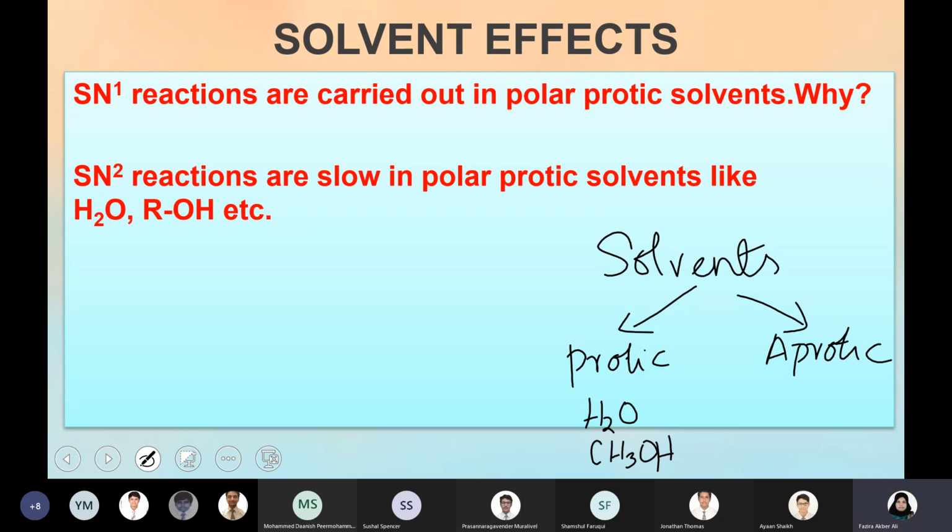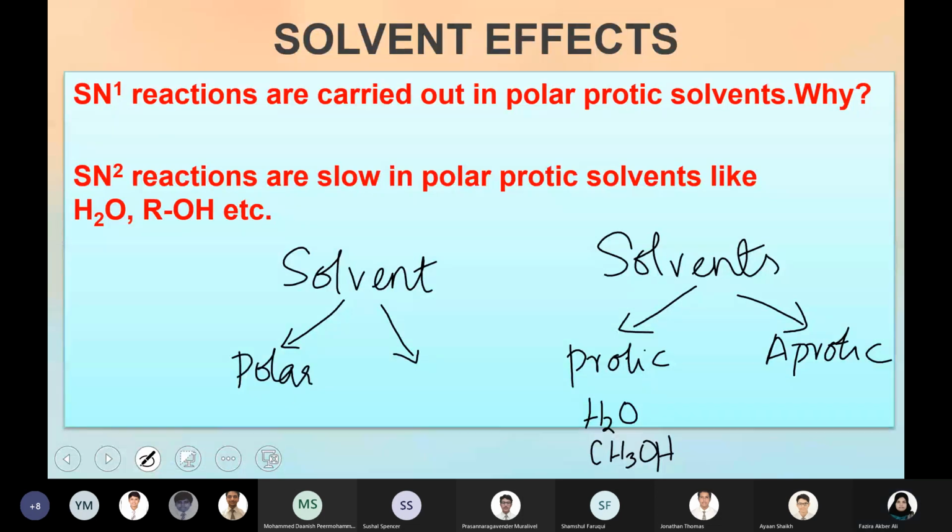Another way of classifying a solvent is as polar and non-polar. It's based on the type of the bond.